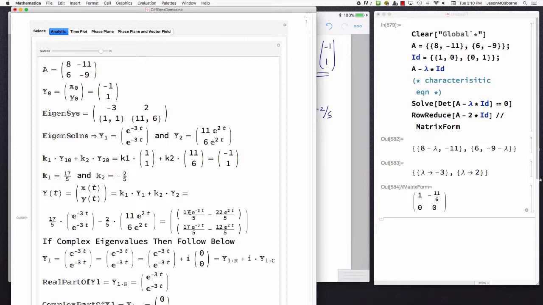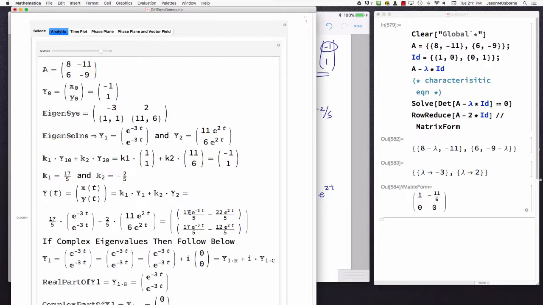Okay. And for y of t, your solution was 17 over 5 e to the -3t minus 12 over 5 e to the 2t. So as t goes to infinity here, our y value started at, x initial condition was -1. Sorry about that.